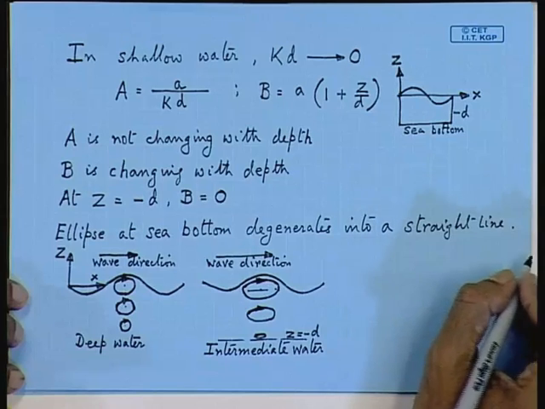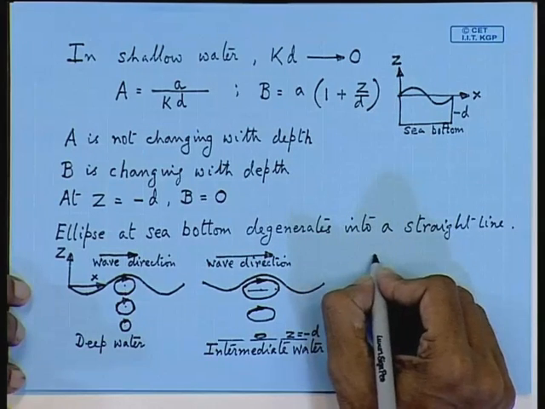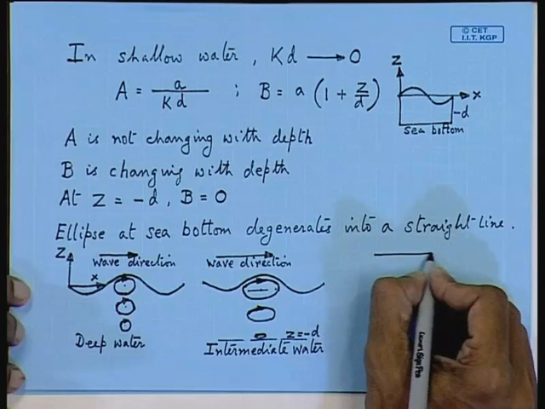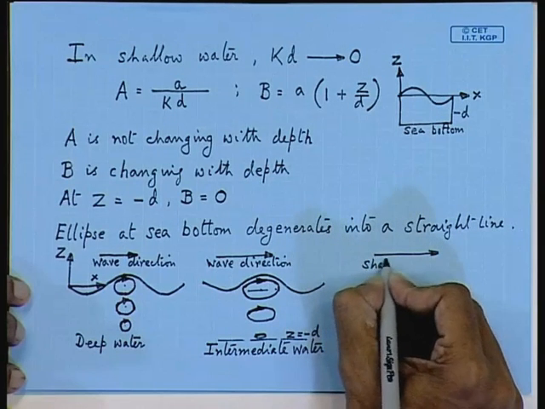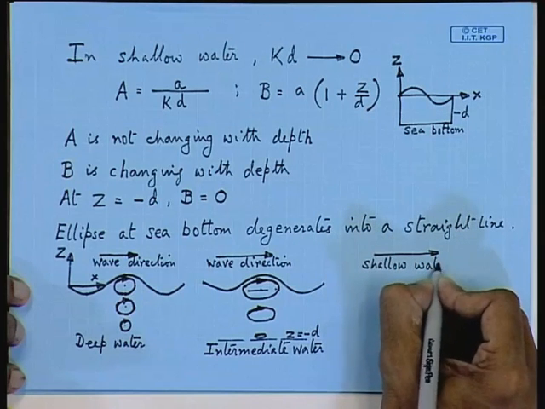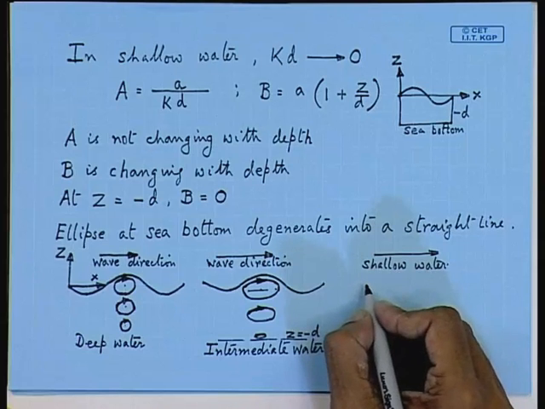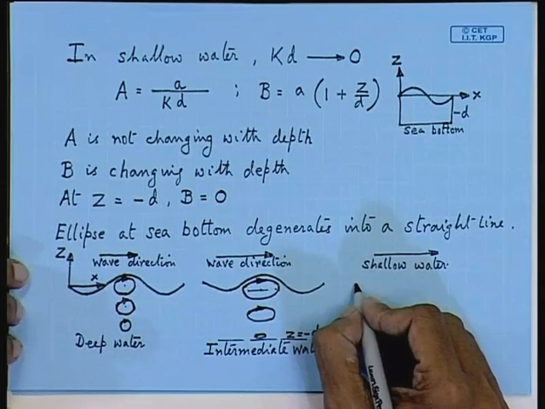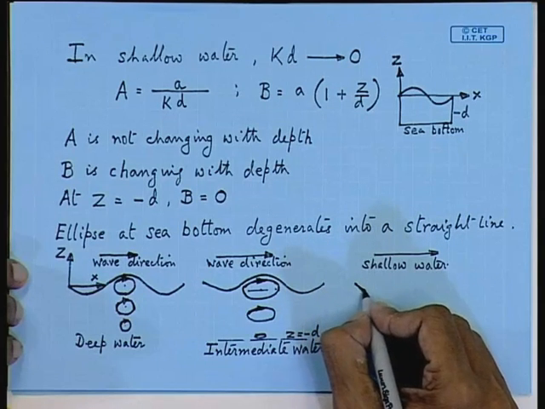Now, next let us come to the shallow water. In shallow water, you still get an ellipse at the surface, but there will be no ellipse at z equal to minus d.